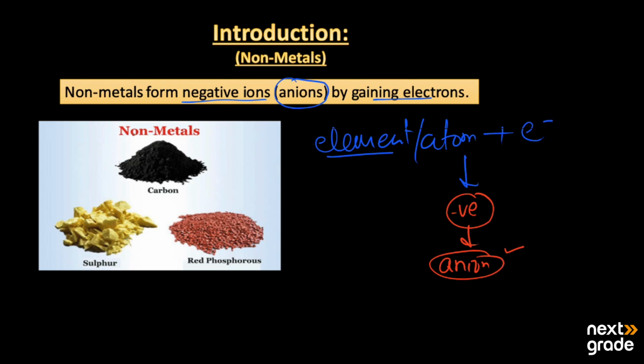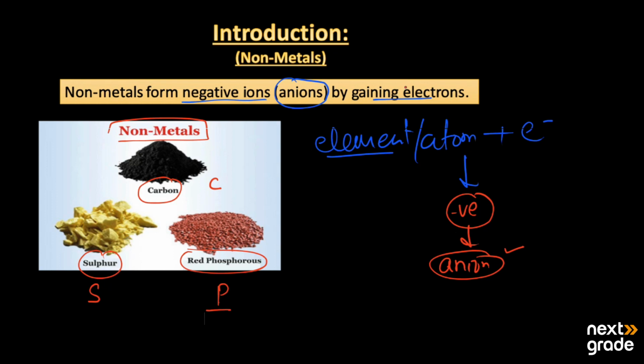Here we have a lot of examples of non-metals, like carbon, sulfur, and red phosphorus. The symbol for carbon is capital C, for sulfur capital S, and for red phosphorus capital P. These three elements of the periodic table are non-metals.